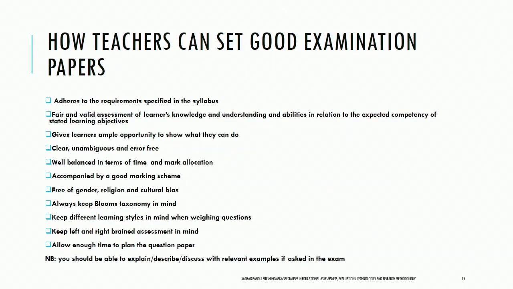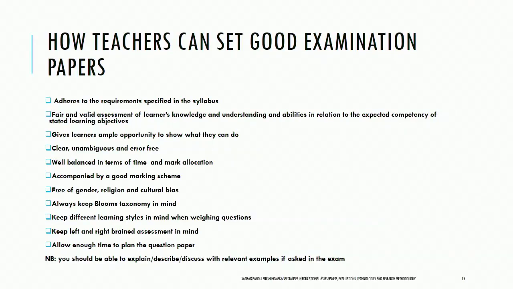How do teachers set good examination papers? For you to be able to set a good examination paper, you should adhere to the requirements specified in the syllabus or the course outline. That means that we need to be familiar with our syllabus. We need to know what is expected of us in each and every subject that we are teaching.